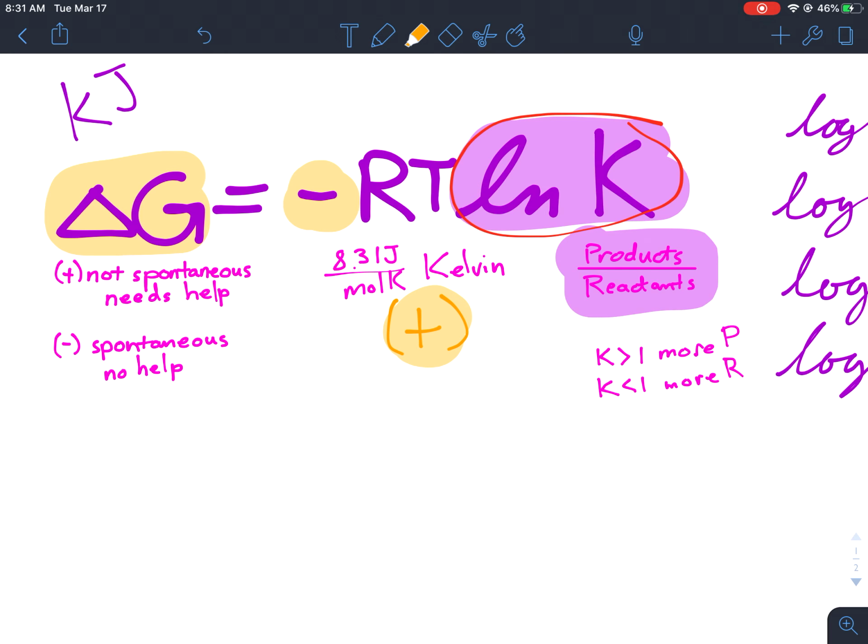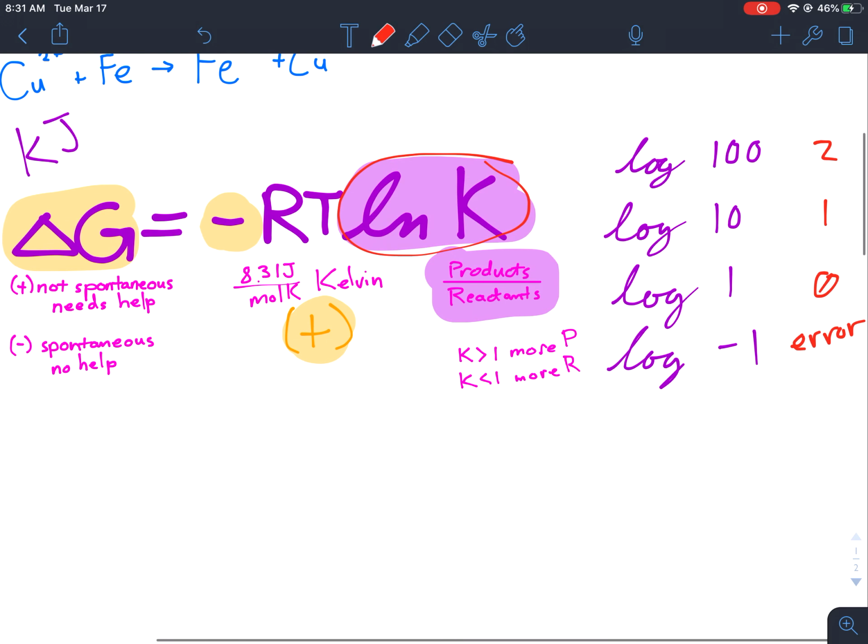That's the question. So when you're doing your ln K, to get a negative number, you take the log of a fraction. Okay?